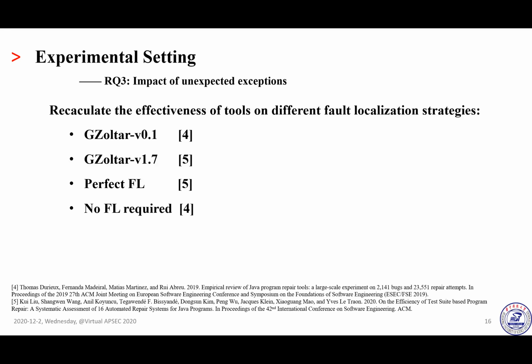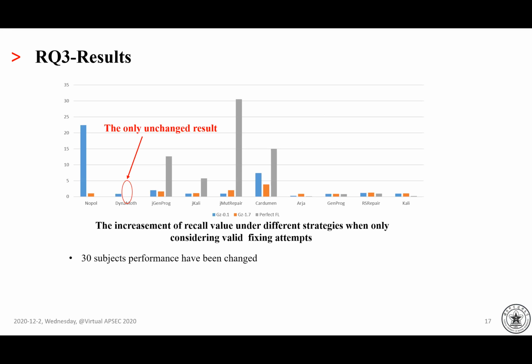We then recalculate the cost of different APR tools under different fault localization strategies without considering the invalid patching attempts. This graph lists the change of recall value when only considering valid patching attempts. We found that the results of 30 of them have been affected by non-repairability factors.